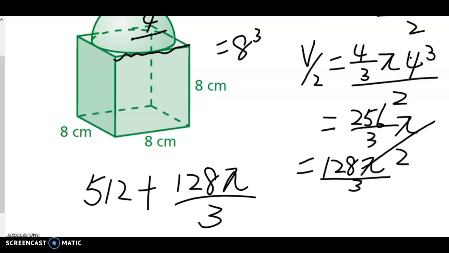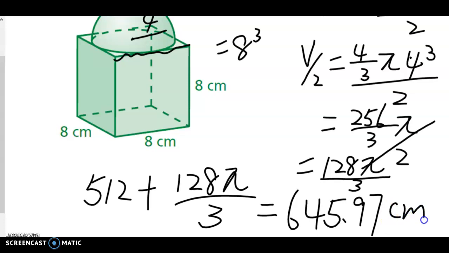Since we can put in pi as 3.14, our answer will be 128 times 3.14 over 3 plus 512. So the final answer, if we round it to the hundredth, will be 645.97 centimeters cubed. That will be the answer.